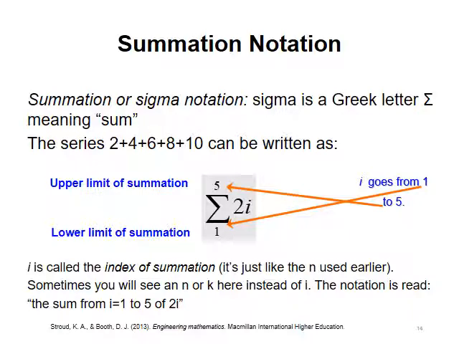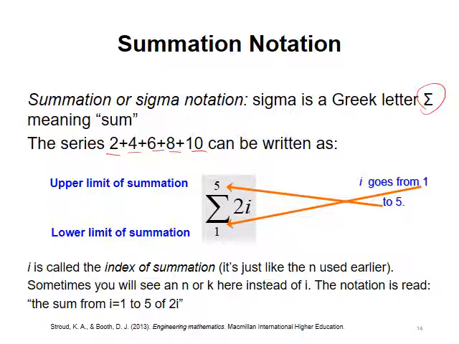Now let's come to the summation. For the summation, we sometimes need to know the series up to a specific position, or even to infinity, as I will show you later. Usually we use sigma for summation, right? As an example, this series contains 2, 4, 6, 8, 10.